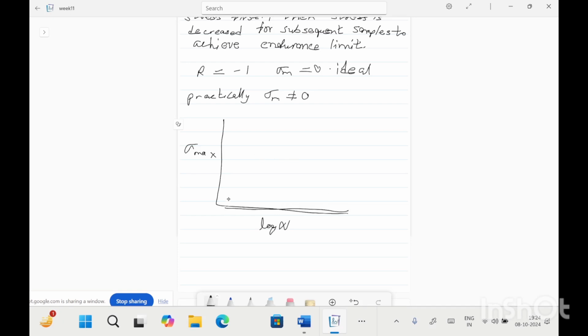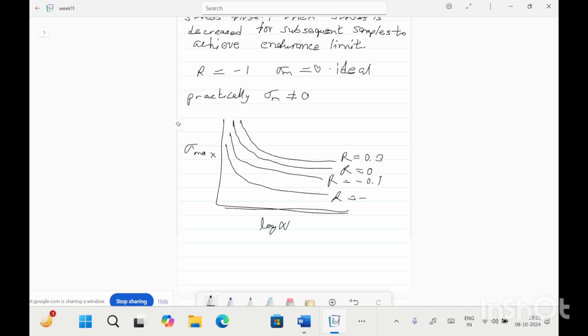For a stress ratio R of 0.3, the curve will look like this. If the stress ratio is decreased, the curve follows this path: for R equals 0, this path; for R equals -0.1, and this curve is for R equals -1.